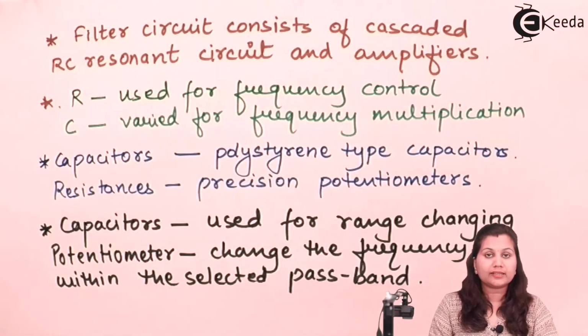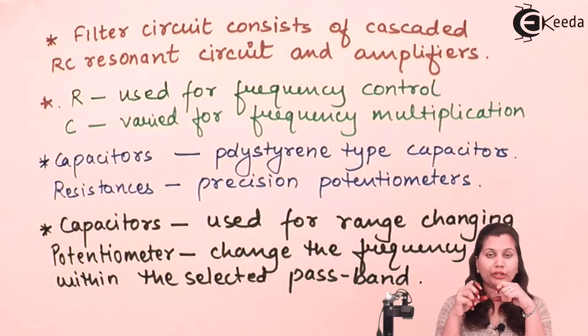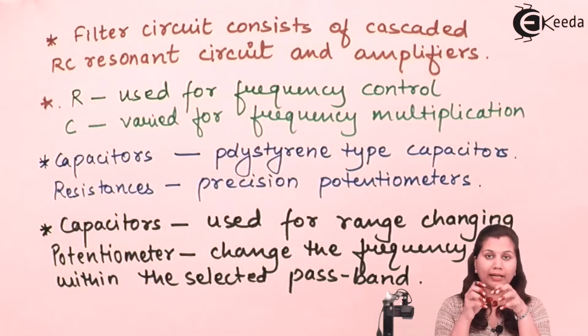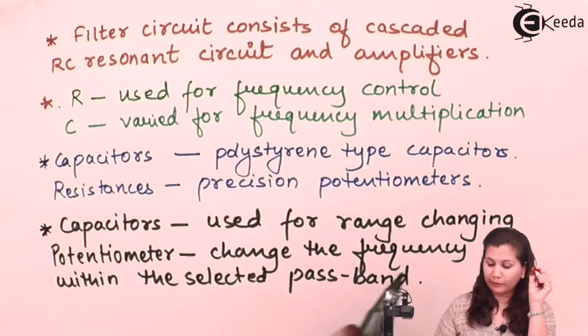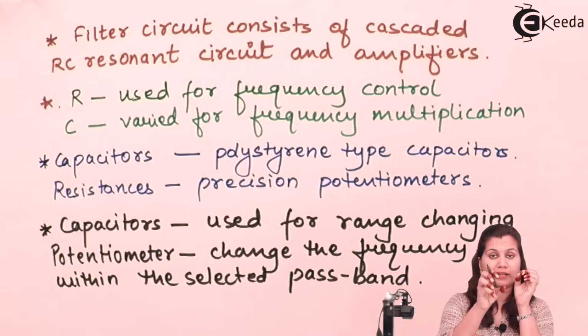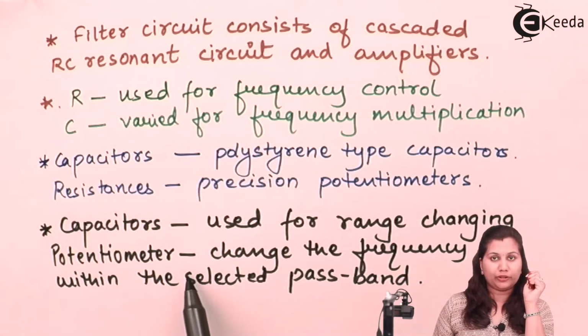So in this high Q filter, which consists of the RC resonance circuit, the capacitors select the frequency range, that is, out of the audio frequency range 20 hertz to 20 kilohertz, which frequency band has to be utilized. That frequency band or range will be selected by the capacitor, whereas within that range, whatever frequency has to be selected will be done by the potentiometer.